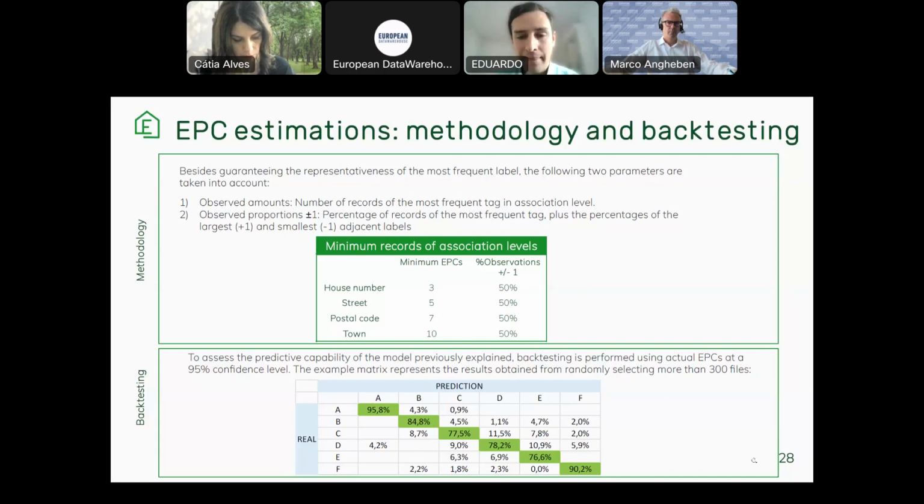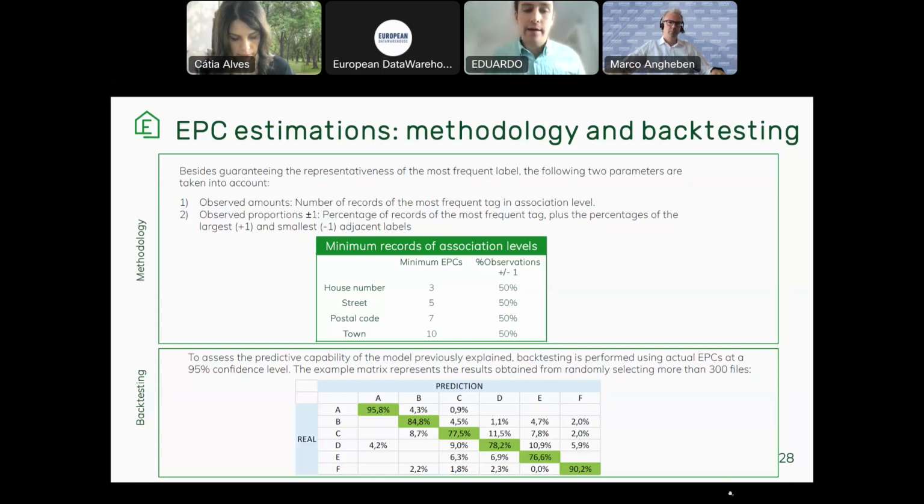The minimum observations in this ±1 range we were speaking about before needs to be 50%. So even though there are enough observations, if there's a wide dispersion of these observations, unfortunately we cannot assign an EPC label, and we will have to wait to see in the future what we can do to get that label.